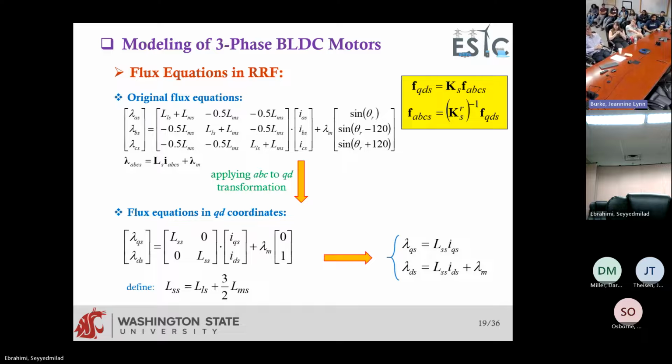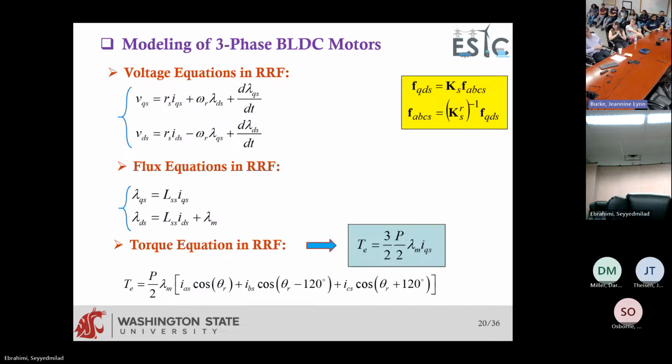It's going to be very simple, very elegant. And if I transform this second term into QD, it just becomes lambda M, only on the D axis, because that's how I define my QD axis. So the equations become really simple.